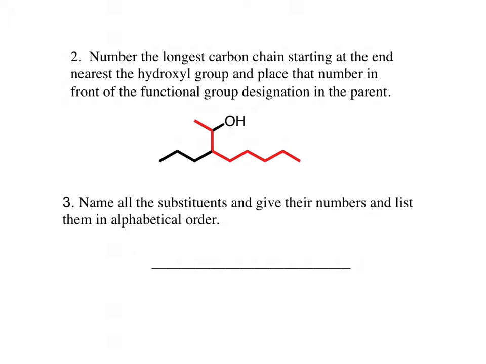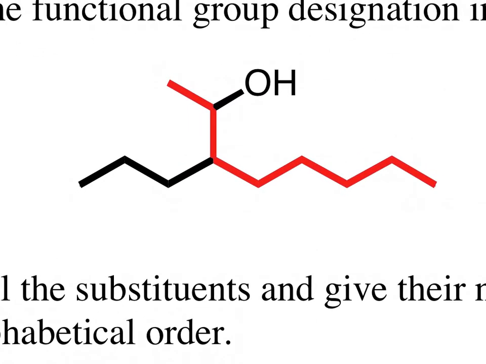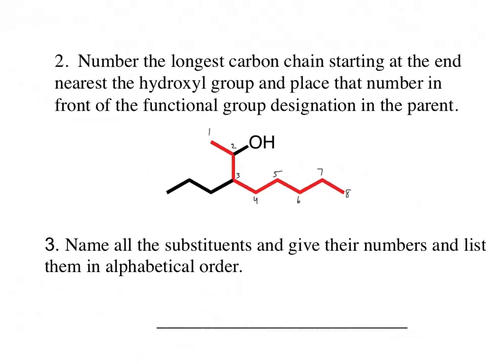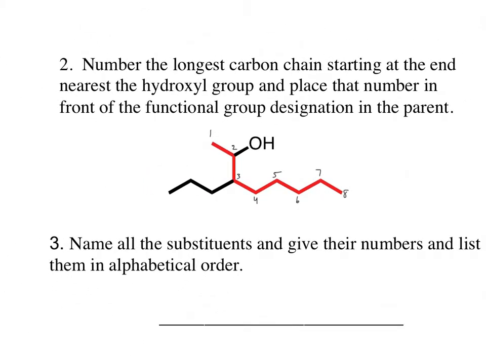Now this particular one is fairly obvious, and what we're going to do, let's expand it out a little bit, is we will start from the top and we'll go 1, 2, 3, 4, 5, 6, 7, and then 8. And let's go ahead and shrink it down so we can see our rules.